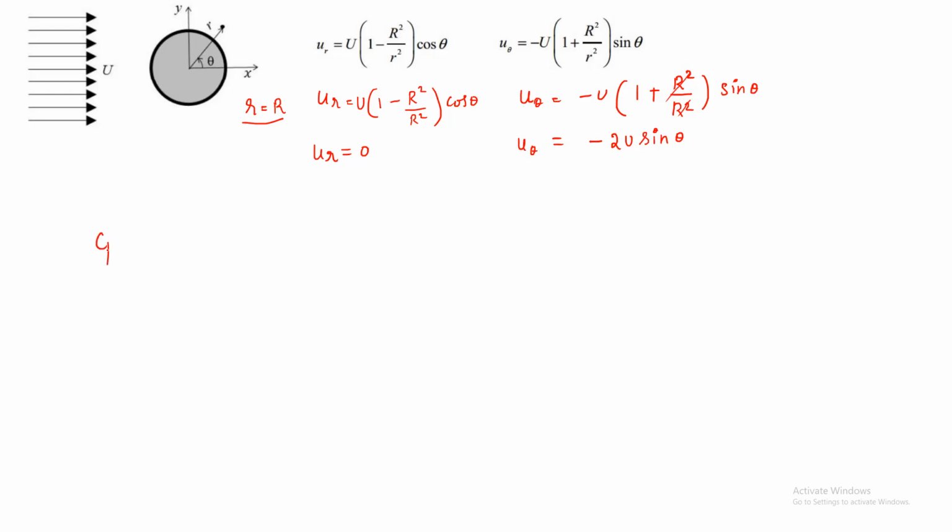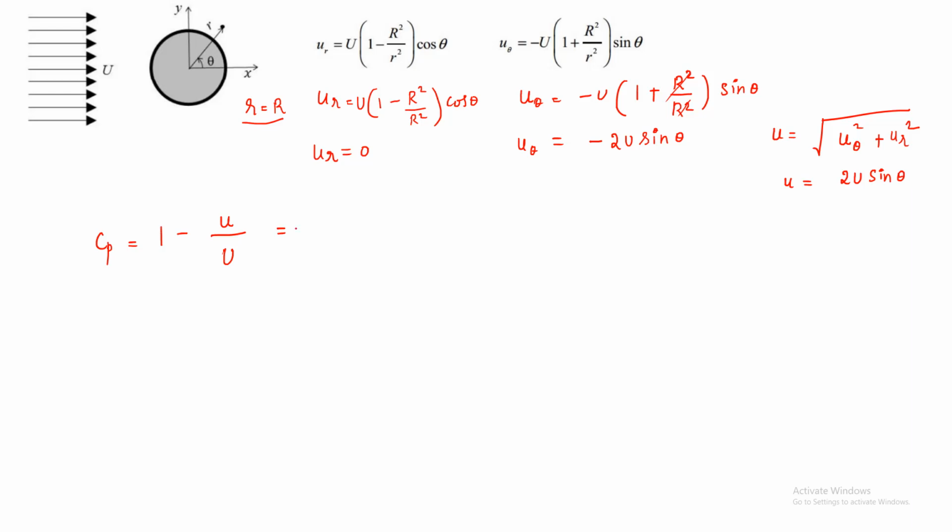Now we know that the coefficient of pressure is given by 1 minus V squared by capital U squared, where V is the total velocity, given by the square root of U theta squared plus Ur squared. So V would be given by 2U sin theta.